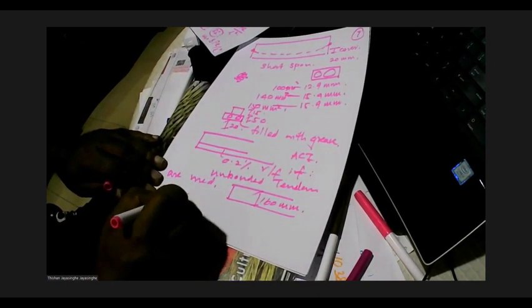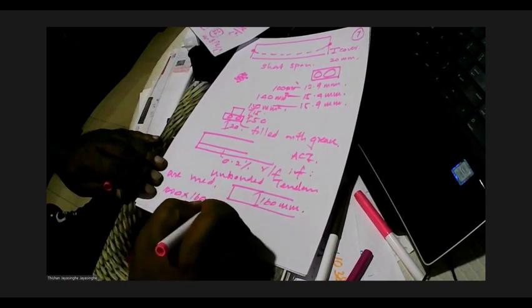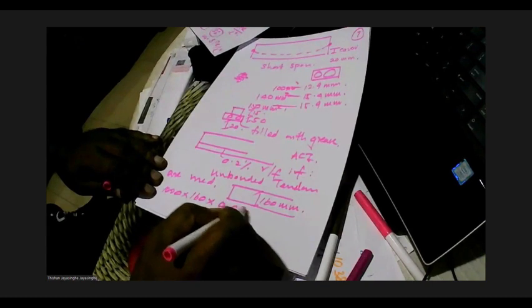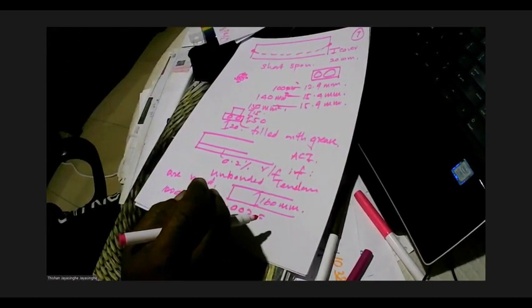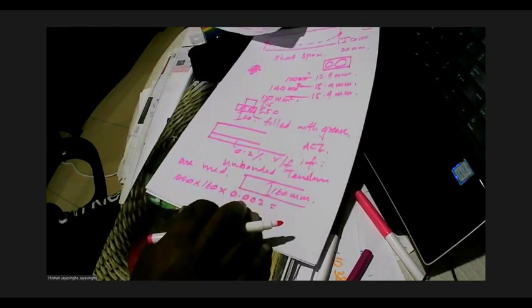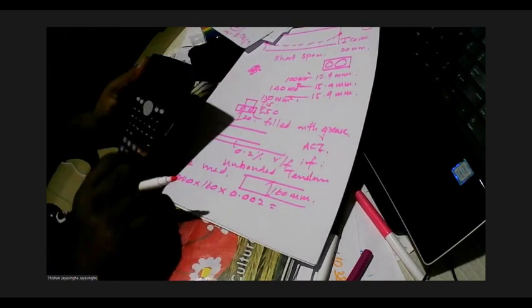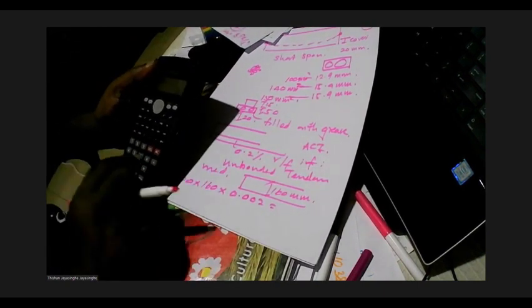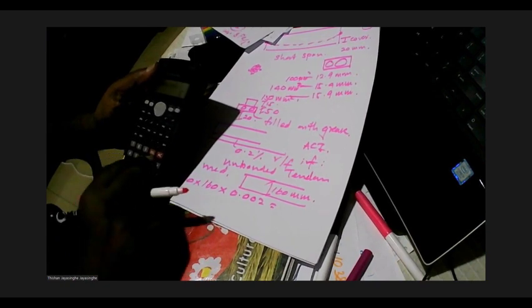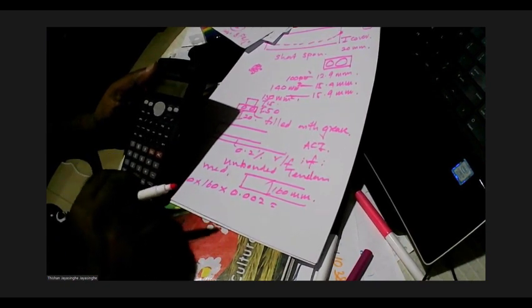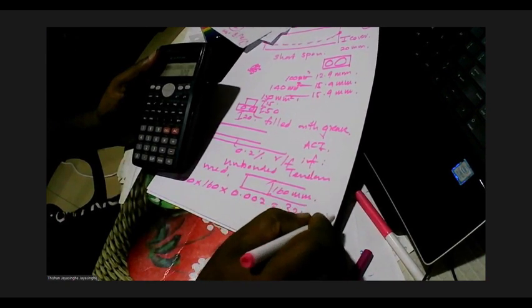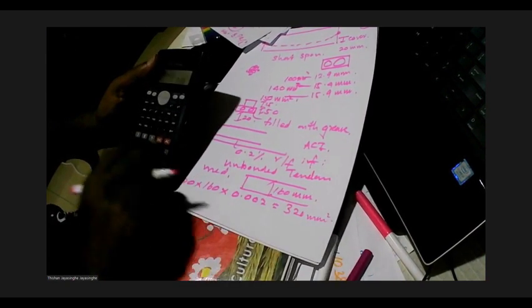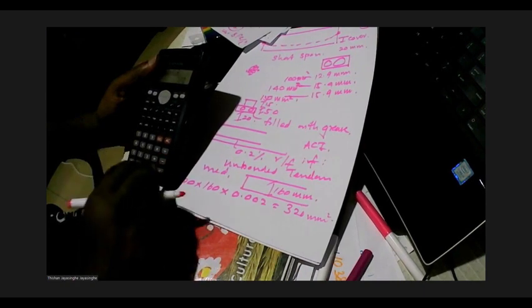So 1000 into 160 into 0.002. The answer is 320, divided by 78.5.